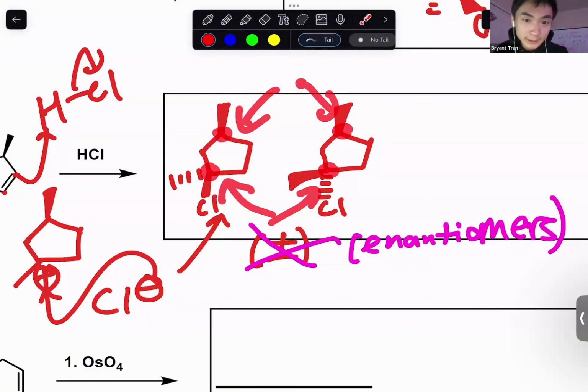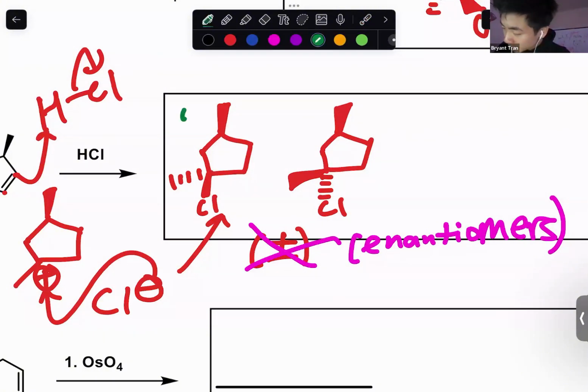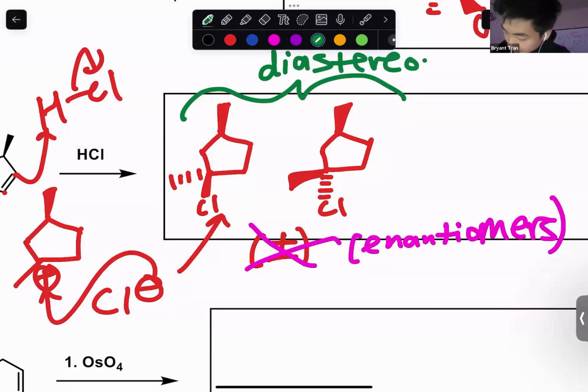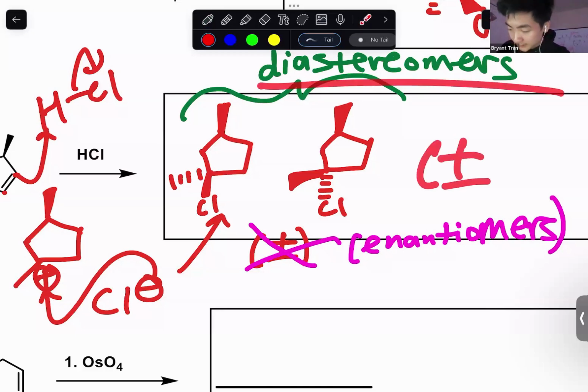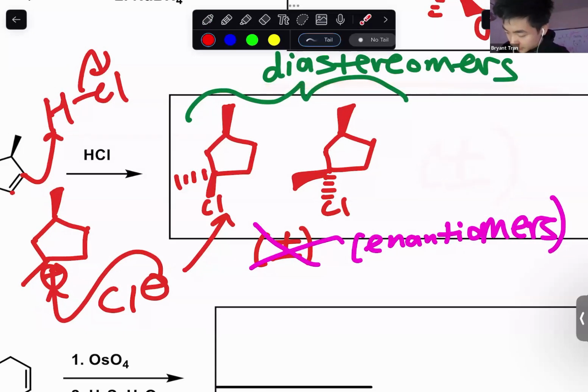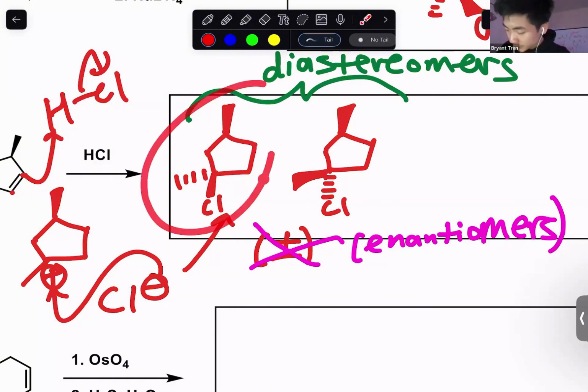So if some chiral centers change and some stay the same, we consider these to be diastereomers, not enantiomers. So we cannot do that plus minus symbol here. Okay, so these are our 2 diastereomer products here.